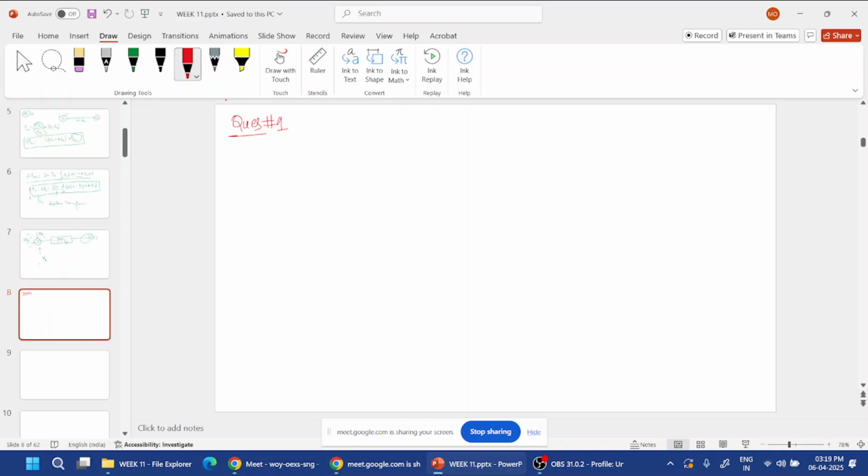Okay. A load is supplied by a 440 volt, 50 hertz source.